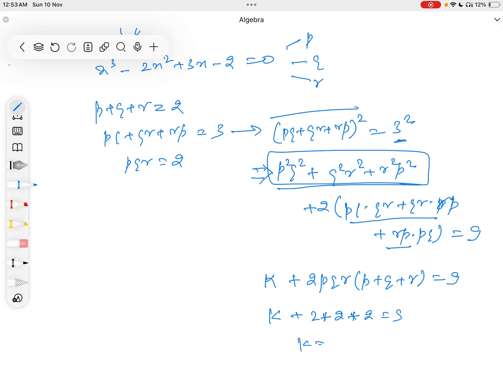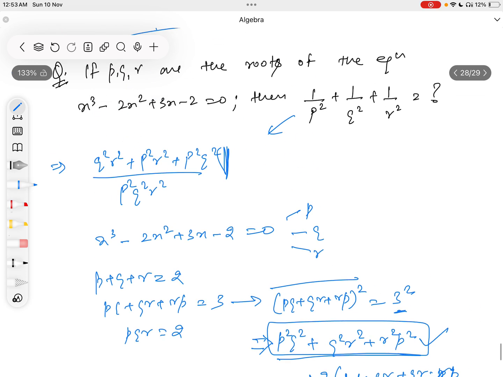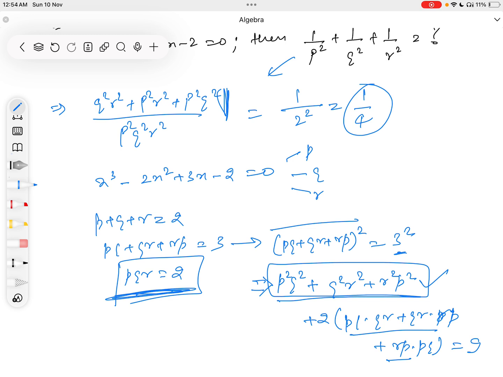This is 9. So k is 9 minus 8, that is 1. So that means my numerator is 1. And what is the denominator? It is the square of the product of roots. So 2 square, so this is 1 upon 4. And that is your answer.